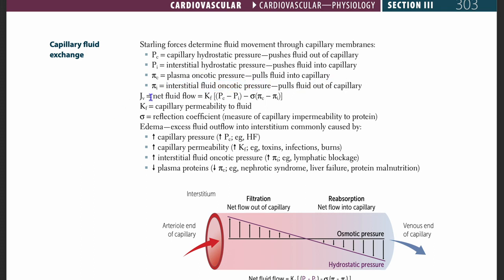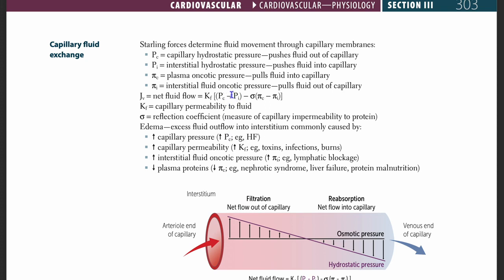So the net fluid flow is Kf, the capillary permeability to fluid constant, times the capillary hydrostatic pressure minus the hydrostatic pressure of the interstitium. Whatever you have left over is the amount of pressure left.